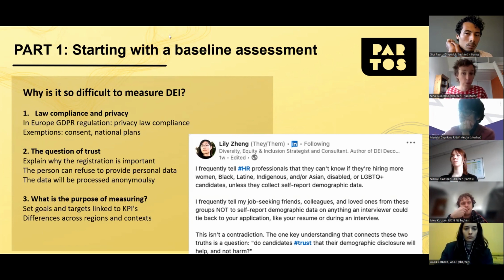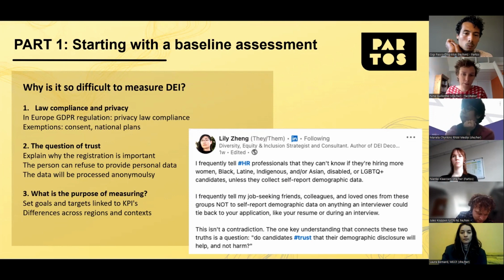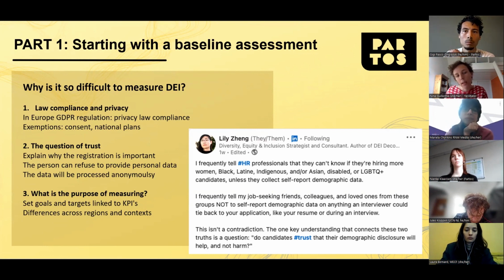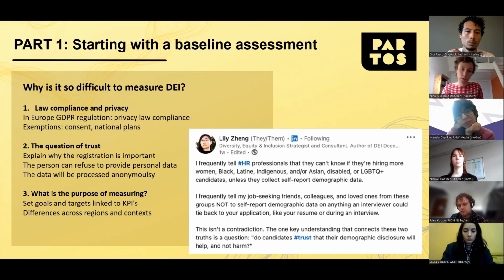It depends also on the size of your organization and especially on what you want to achieve. So if you don't have a DEI strategy, which we spoke about in module 1, so some of you are a little bit more advanced in the DEI strategy, but if you don't have one, indeed there is no point in addressing the sense of measuring if you don't have clear objectives and indicators of where you want to go.